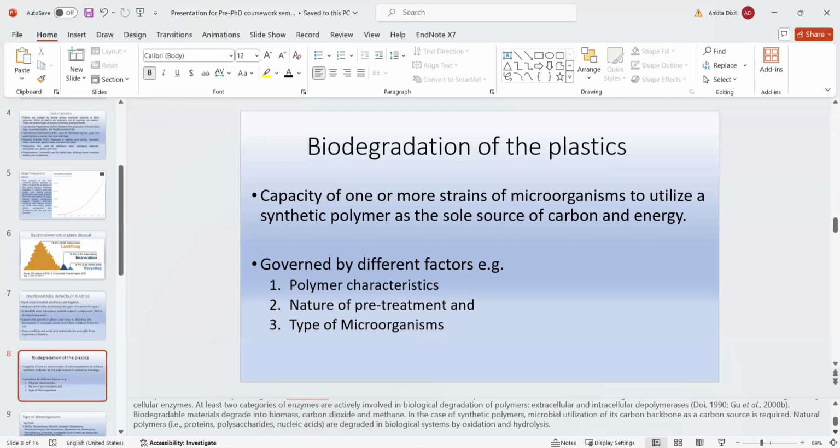Biodegradable materials degrade into biomass, carbon dioxide, and methane. In the case of synthetic polymers, microbial utilization of the carbon backbone as a carbon source is required. Natural polymers like proteins, polysaccharides, and nucleic acids are degraded in biological systems by oxidation and hydrolysis.